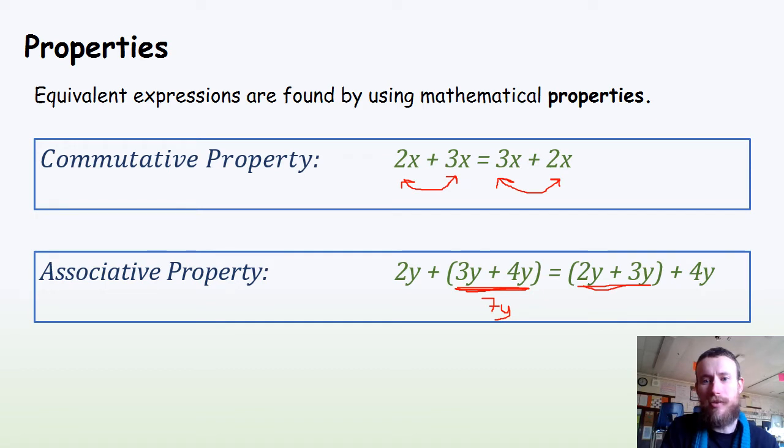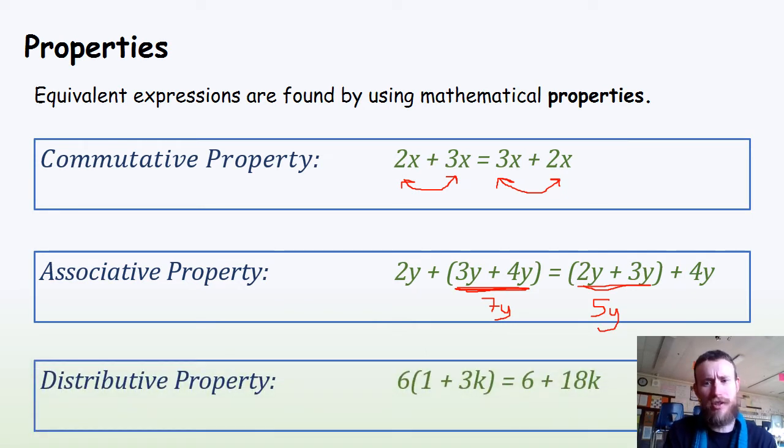Instead of the 3 plus 4, we could add the 2 plus 3, and that would give us 5y first. Either way, we're going to have equivalent expressions, because if I add 2y plus 7y, I'll get 9y on the left, or on the right, 5y plus 4y again is 9y. But the associative property is choosing what to add first, grouping.